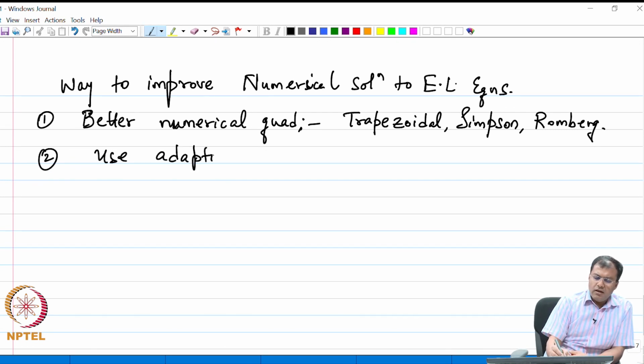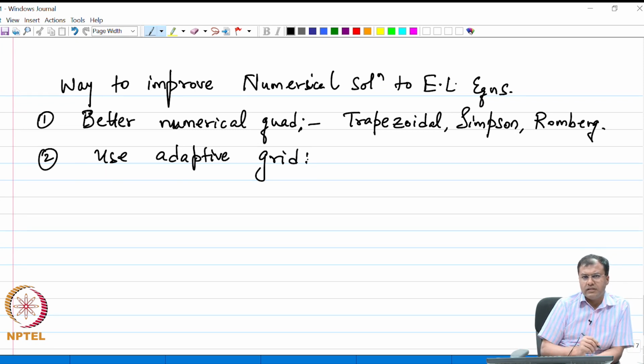So far the example I have shown is for a uniform grid. We could also use non-uniform or adaptive grids, where the grid becomes finer where the function changes rapidly.